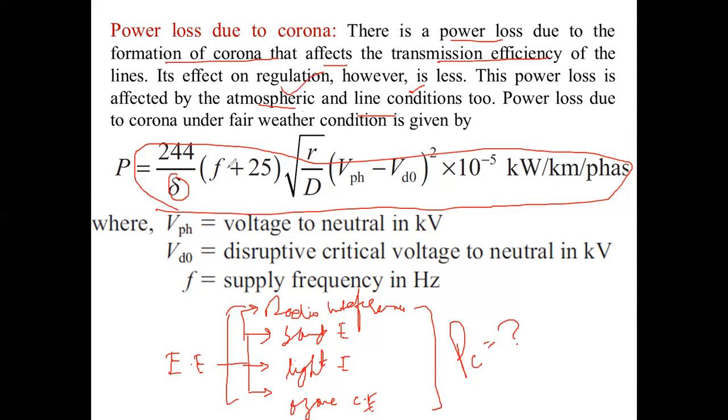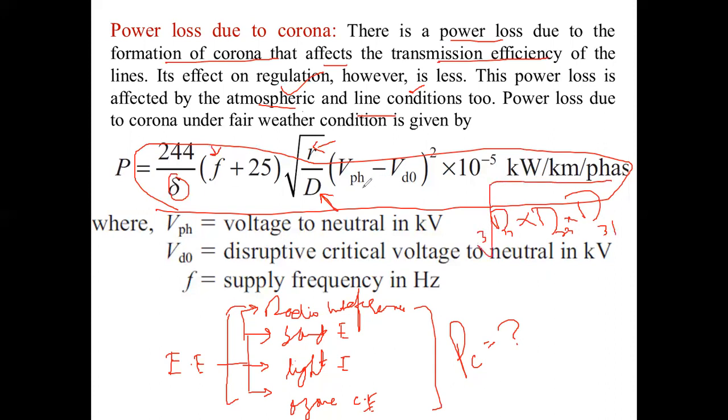F is the frequency, r is the radius of the conductor, D is the spacing between two consecutive conductors. If we have three conductors, we will use the geometric mean formula, the cube root of D12 × D23 × D31.